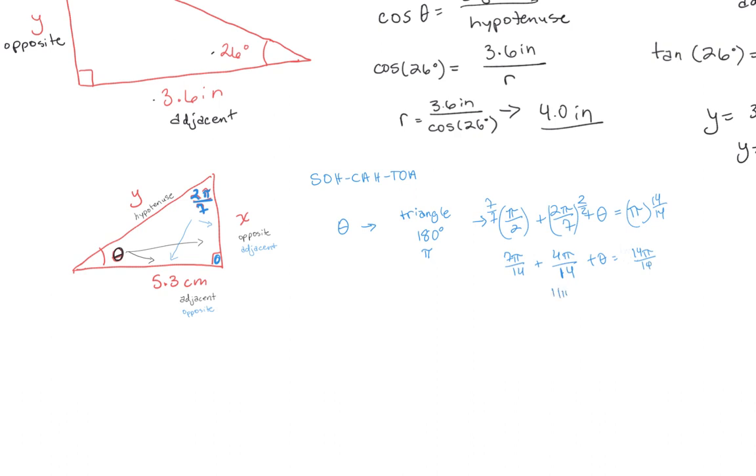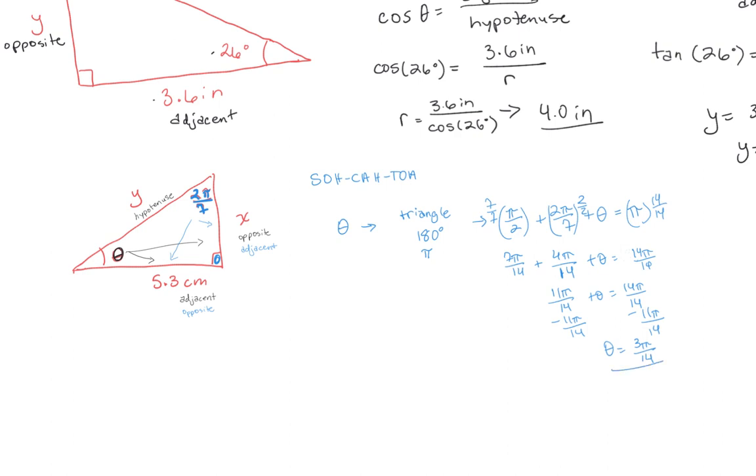So it's 11 pi over 14 plus theta is equal to 14 pi over 14. Subtracting 11 pi over 14, theta is 3 pi over 14.